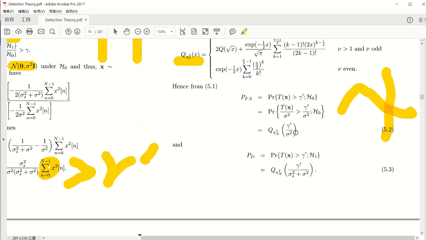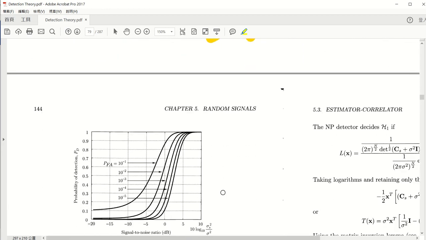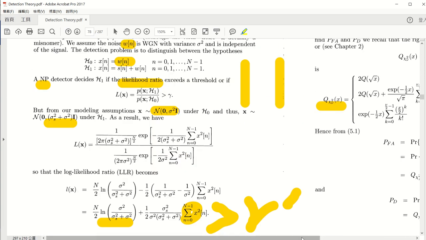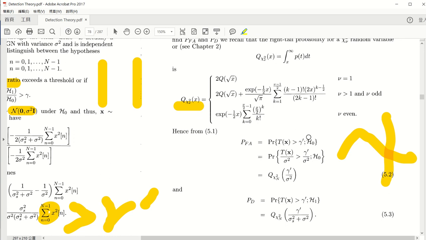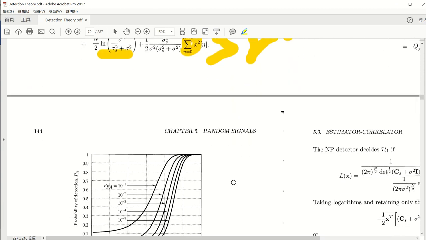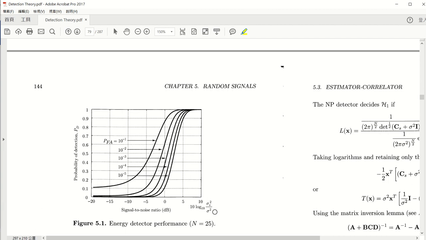Of course, they are being divided by sigma square and sigma s square. So from here, and from here, we can set a gamma prime and calculate the PFA, and then plot PD versus sigma s square over sigma square.